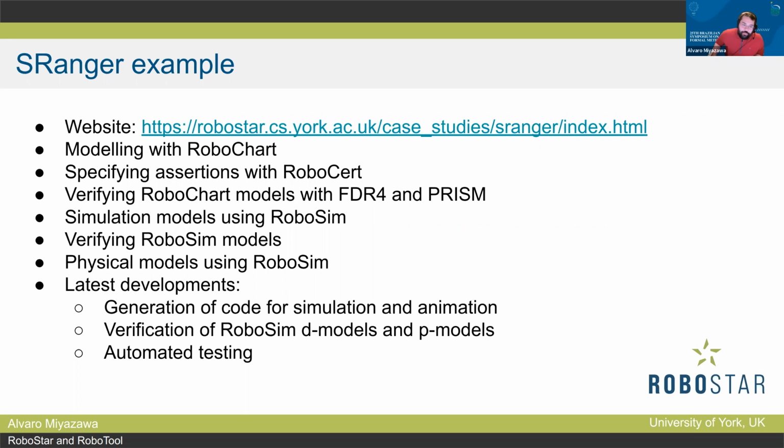I'll then briefly show some of the physical models that we can specify in RoboSim, and then discuss some of the latest developments, which are generation of code for simulations, the verification of the composition of the P models and D models, the hybrid and discrete models, and also a little bit on automated testing, if we have time.